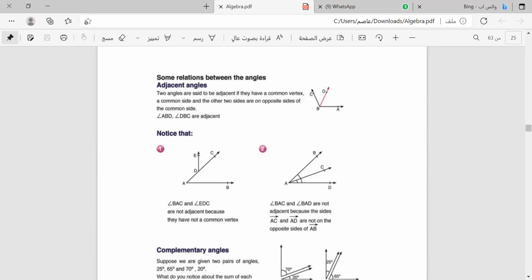So that in this figure, we can say that angle ABD and angle CBD are called adjacent angle. Why? Because they have common vertex. Common vertex here is vertex B. And they have common side. BD common side. And the other two sides in different side or in opposite side. BA و BC في ناحيتين مختلفتين.